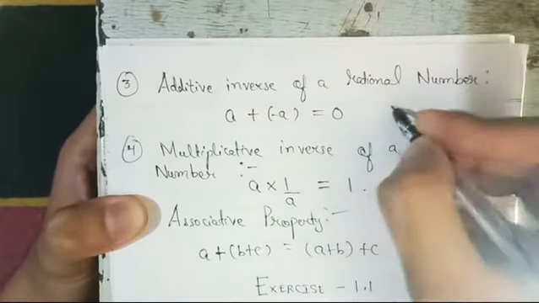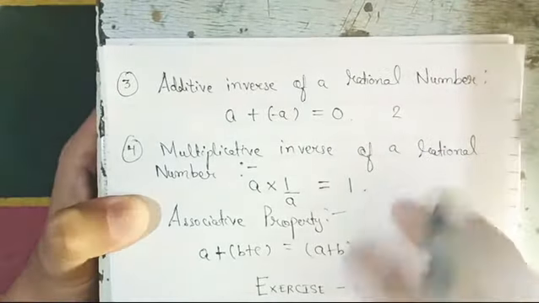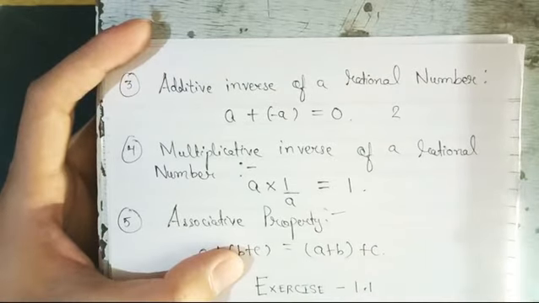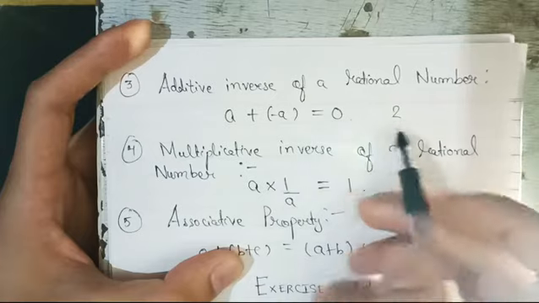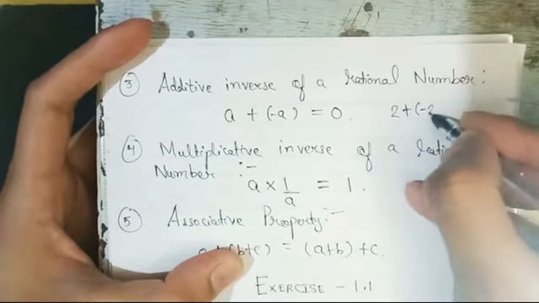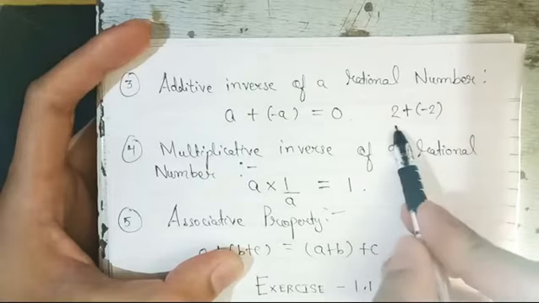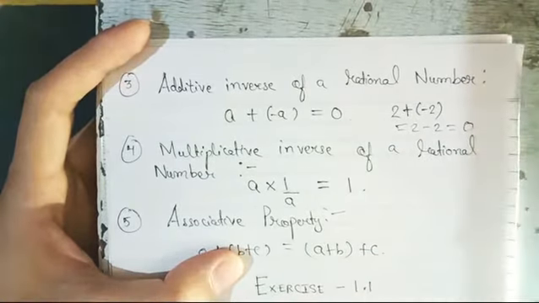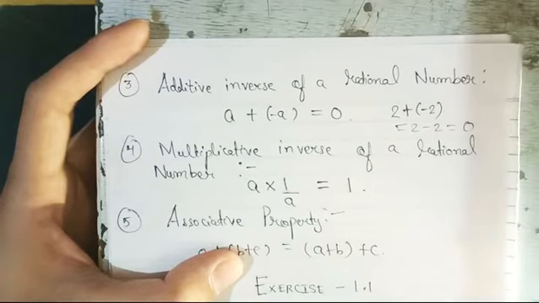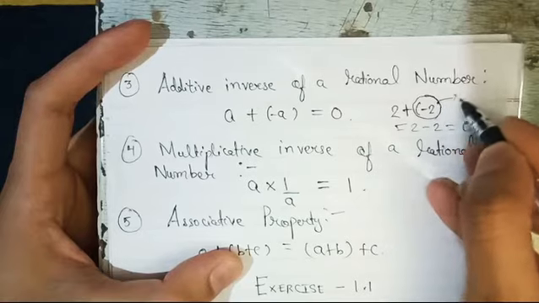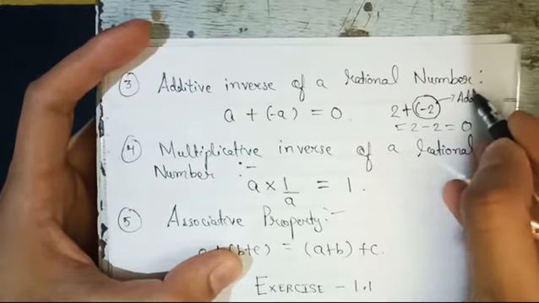For example, I am taking 2. 2 is a rational number, as we all know that every integer is a rational number. Now if I add minus 2 with 2, what will I get? 2 minus 2, and that will be equal to 0. So it can be said that minus 2 is the additive inverse of 2.